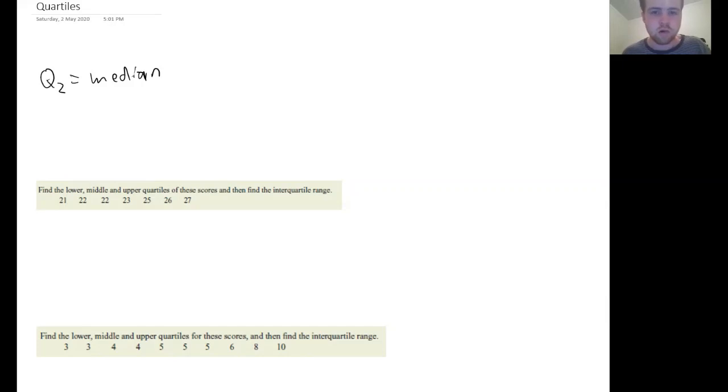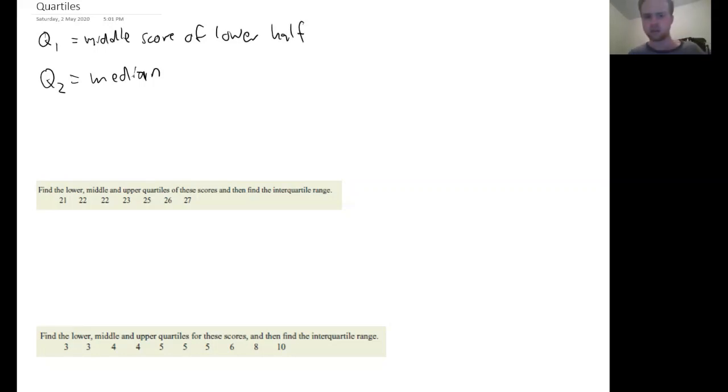Now, there are 2 other quartiles. You have Q1, or the first quartile, which is going to split up the lower half into 2. So it's the middle score of the lower half of our data set.